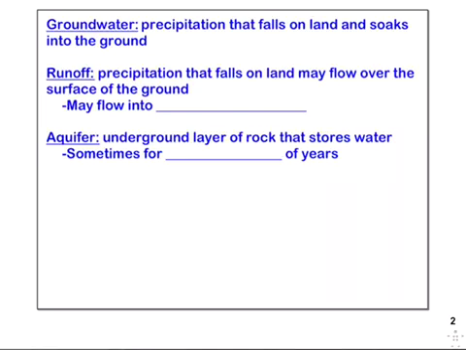So that leads to runoff. That's when precipitation falls on land and then it flows over the surface and it can flow into other bodies of water. And when that happens, that runoff can pick up sediments or chemicals that are in that land, in the soil or in the grasses, and carry them now into our bodies of water.